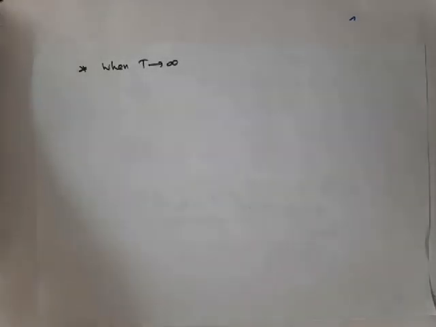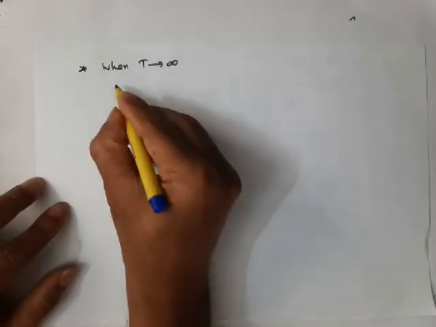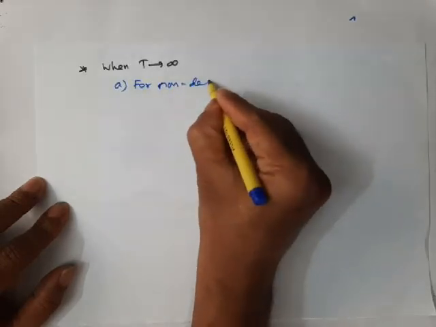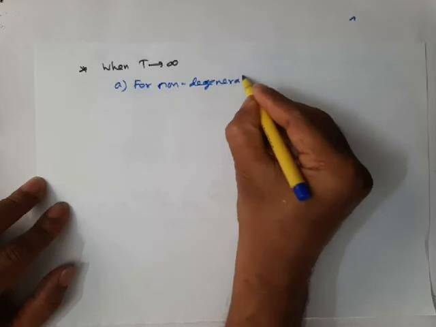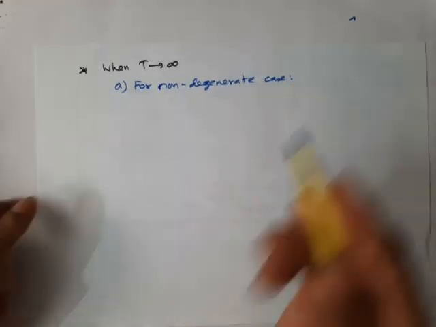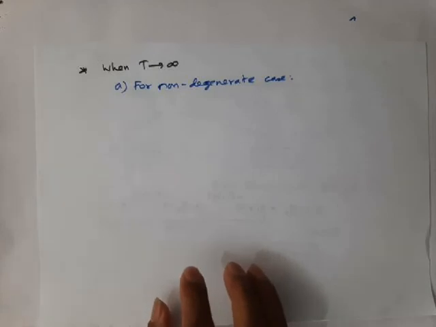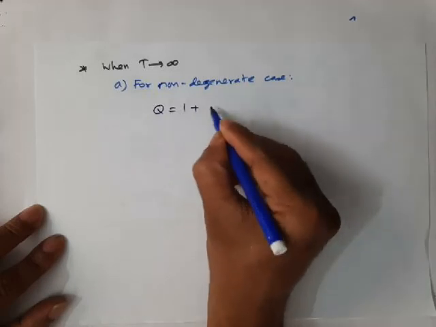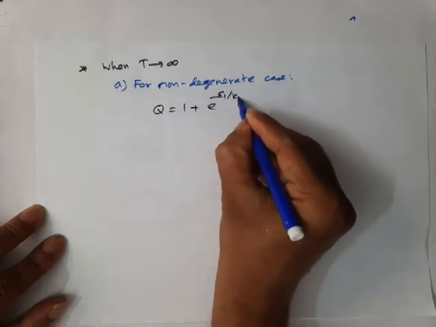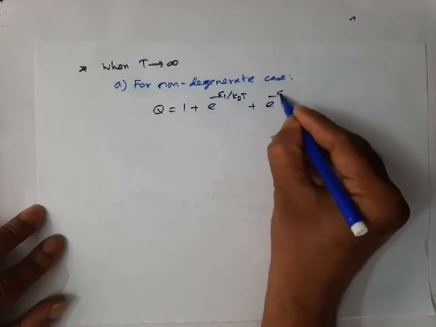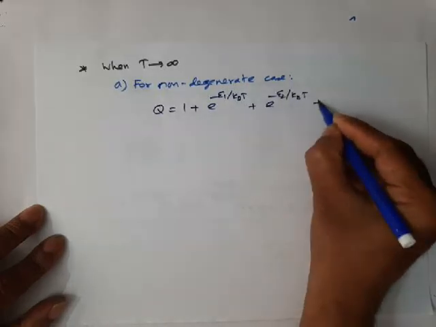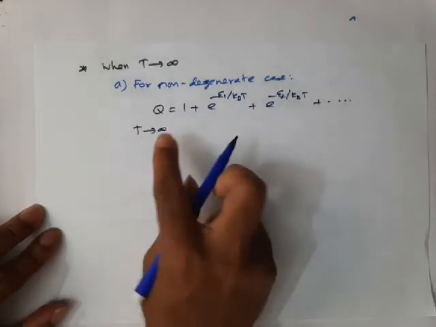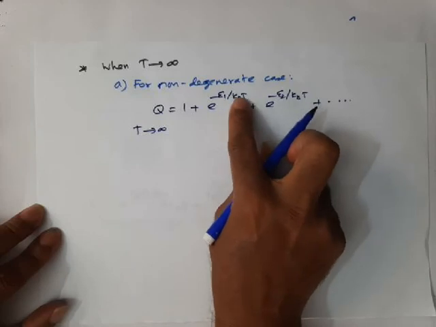For the non-degenerate case, Q is equal to 1 plus e power minus E1 by kBT plus e power minus E2 by kBT plus etc. If temperature approaches infinity, something divided by infinity is 0, as you know very well.